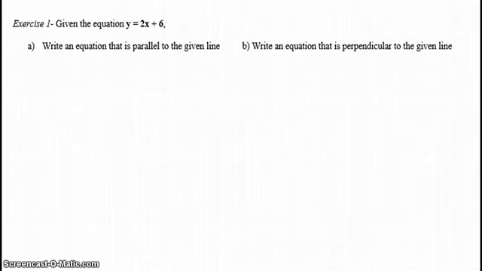Okay, we're going to go through exercise 1. Given the equation y equals 2x plus 6, we want to write an equation that is parallel to the given line and to write an equation that is perpendicular to the given line. So we're going to start with the first one. If we see that word parallel, we should know that it is the same slope. Our slope is here.